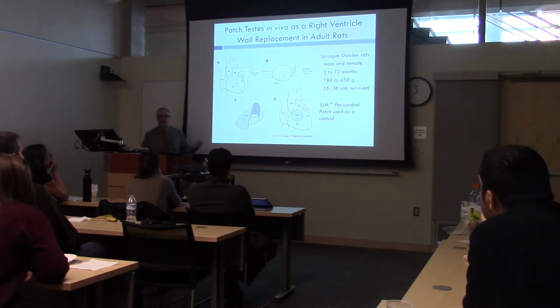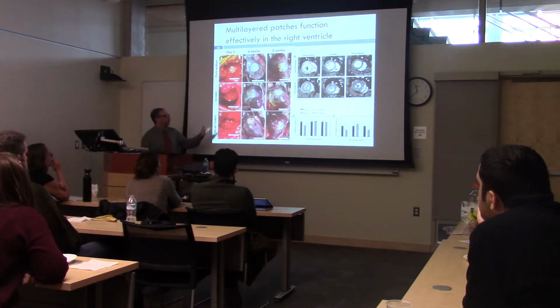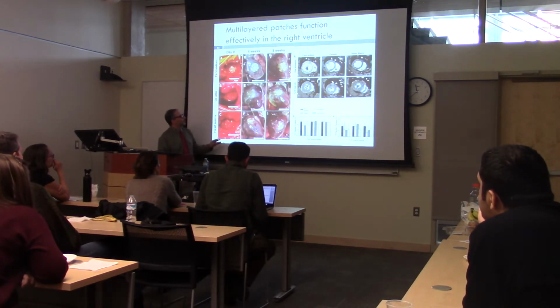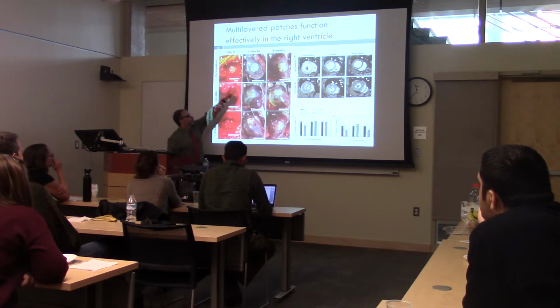Also, all of our controls, we use fixed bovine pericardium that we bought from St. Jude Medical, which is an approved cardiac patch used in surgeries. So we put this in a rat and go for 0, 4 weeks, 8 weeks. We've now taken this out to 16 weeks. When you put in just pericardium, you get this big scar area.